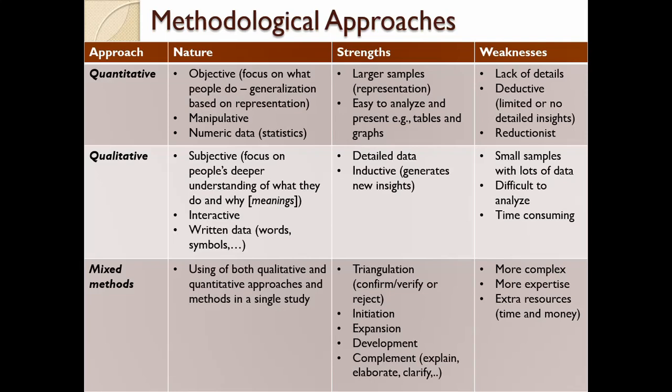This is objective, and it focuses on what people do, and at the end of the study, you would want to generalize your findings based on what you have established, and these findings, of course, will be representing the larger sample.